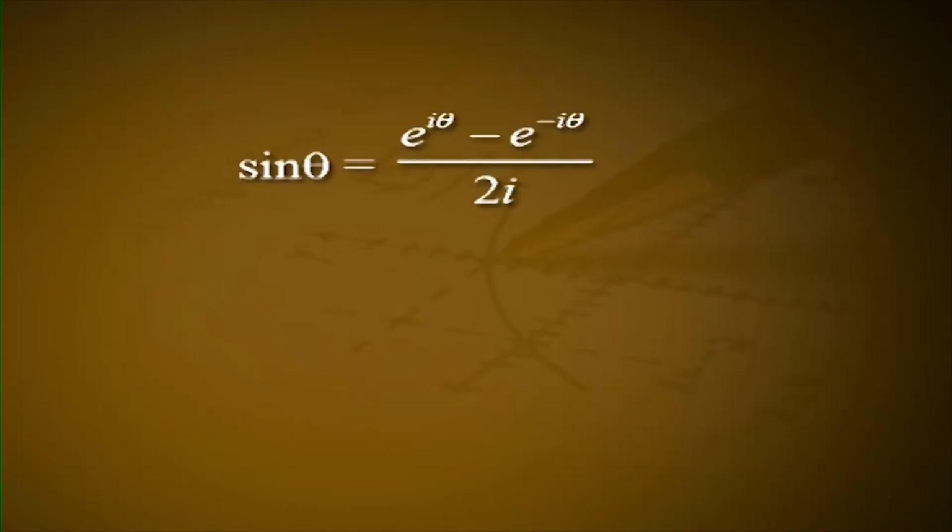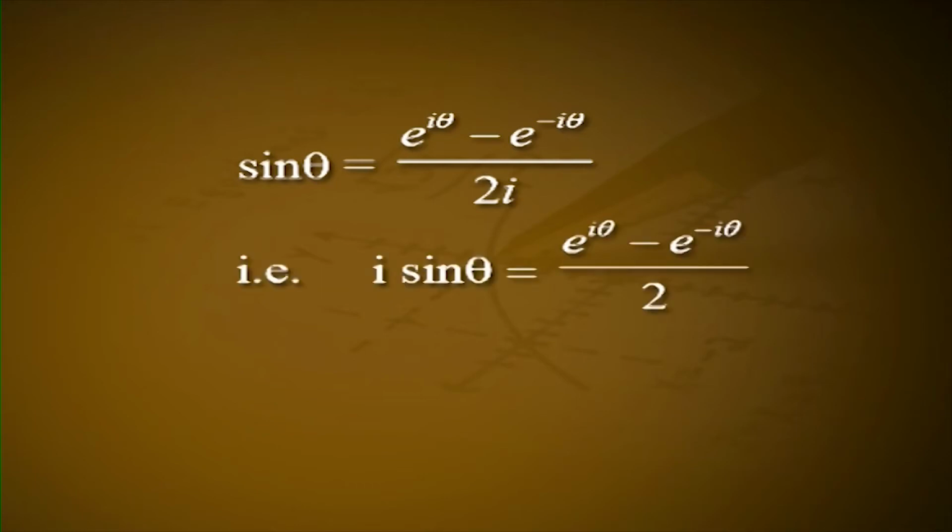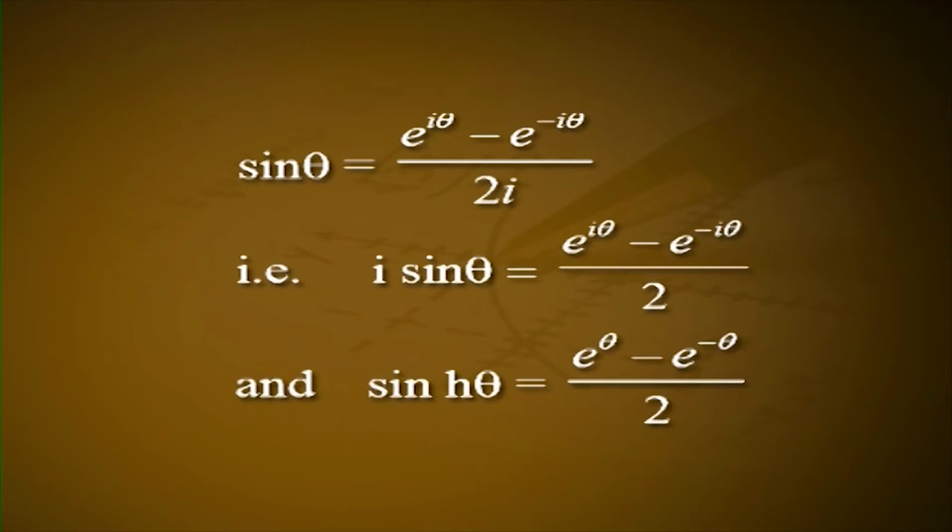In the same way, we find sin θ is equal to (e^(iθ) − e^(−iθ))/2i, that is, i sin θ is equal to (e^(iθ) − e^(−iθ))/2, and sinh θ is equal to (e^θ − e^(−θ))/2. This all means that we can relate the trigonometric and hyperbolic functions directly by using i times the argument in the trigonometric function as the argument in the hyperbolic function.